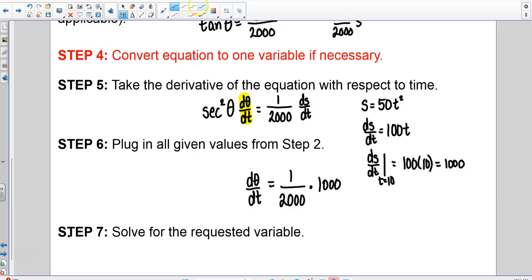So like what I know so far, if I think about the triangle, I know that theta is right here. I know this side right here is 2,000. Now if I had one more side, I could find theta. I could use some inverse trick to find theta. How could I find one more side?